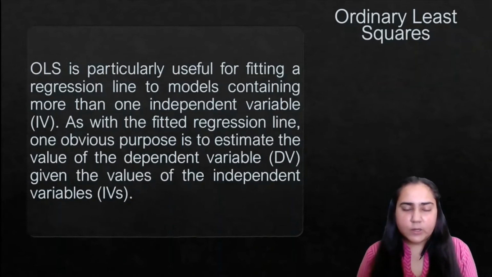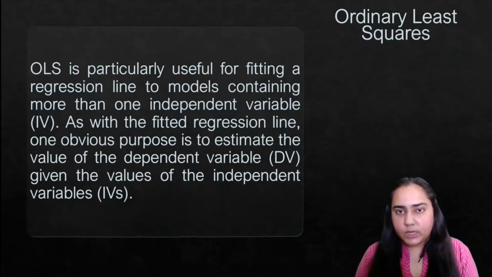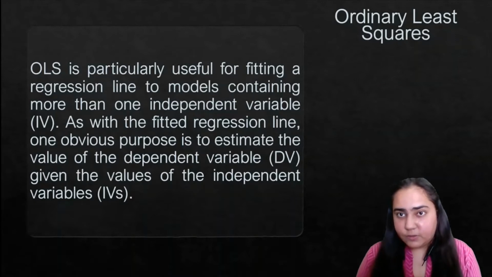So usually it's not just about creating a regression line, but most of the time it's about how that regression line is going to help you to make predictions. If you're given the values of all your independent variables, then how do you make predictions about your dependent variable? That is the main purpose of creating a regression line. And so OLS works very well if you have several independent variables.